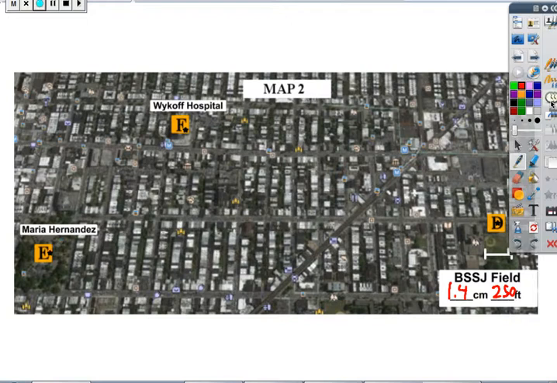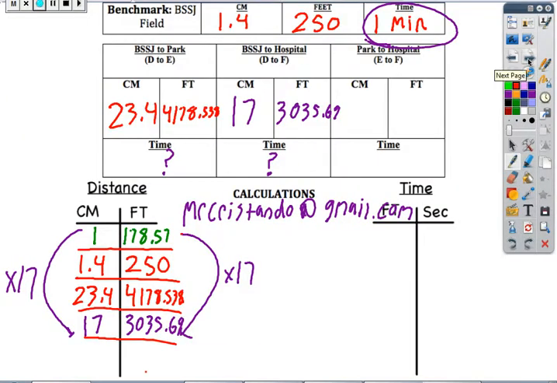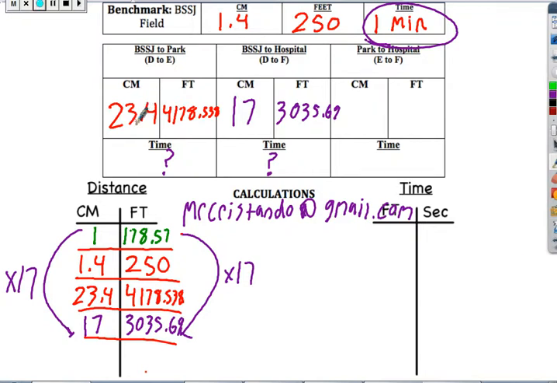When we did that, we found out that the park in centimeters was 23.4 centimeters, and then we used the ratio table and unit value to figure out that BSSJ to the park is 4,178.533 feet.